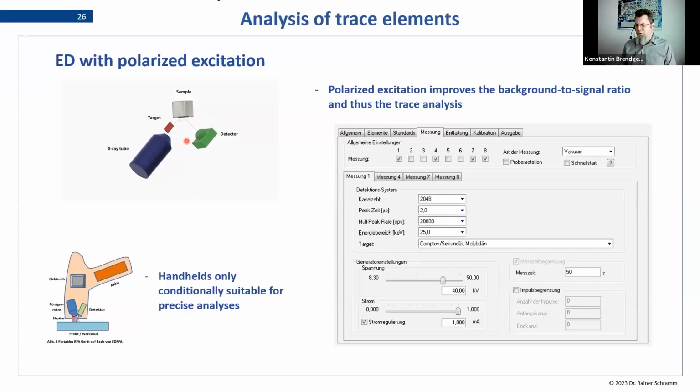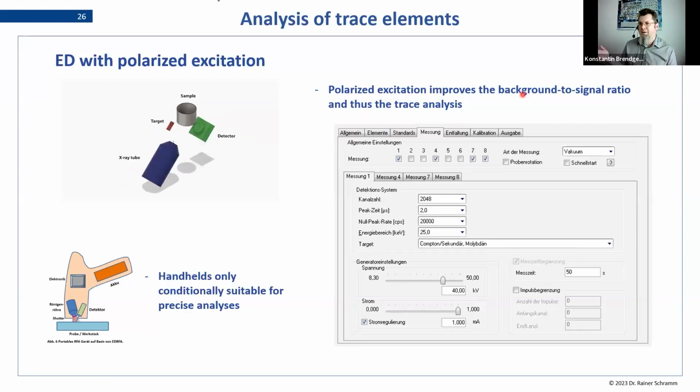Again, I could go into a lot of detail here on how that works, but the important thing is that with the polarization of the X-rays, we improve our background to signal ratio drastically. By basically bending the X-rays, to put it simply, we get more net intensity.